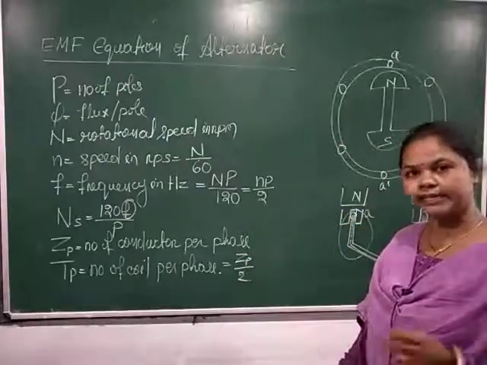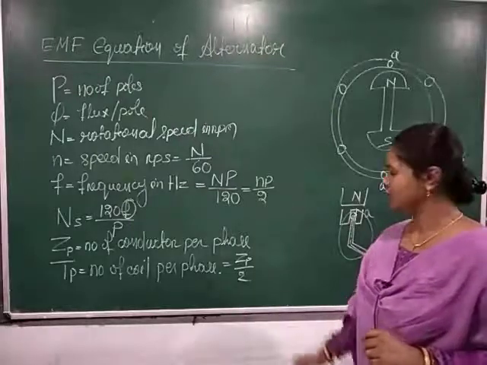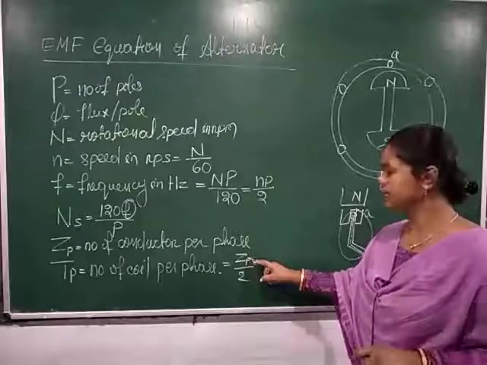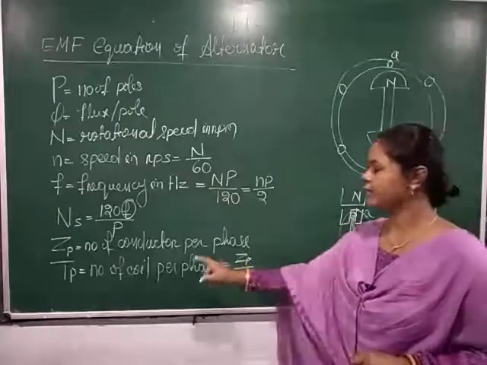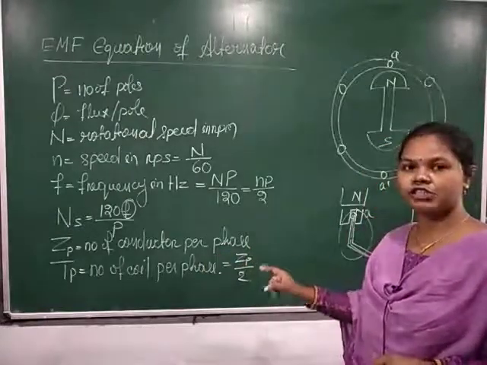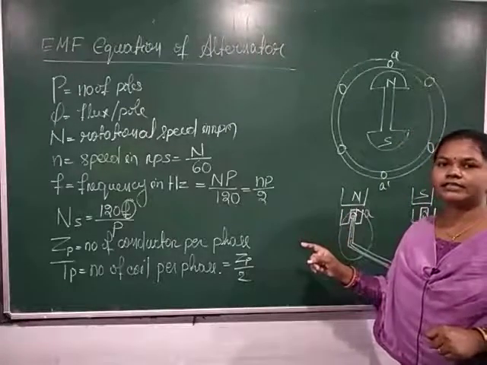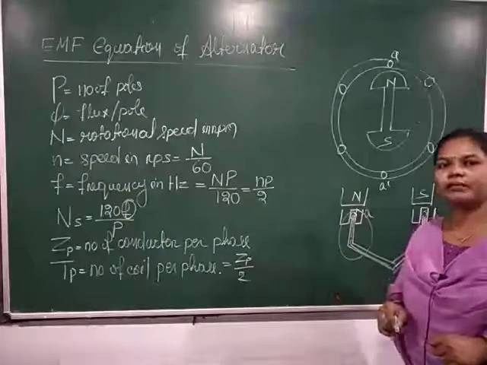Clear? That is the number of coils per phase. Students, you note all these things. Now I will erase this and derive the EMF equation.